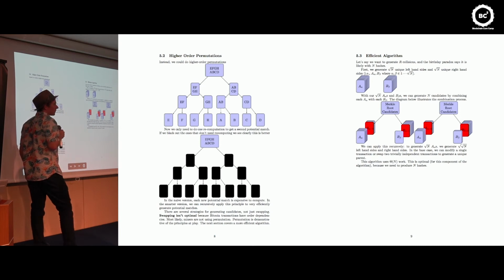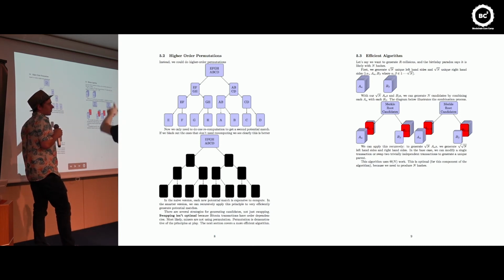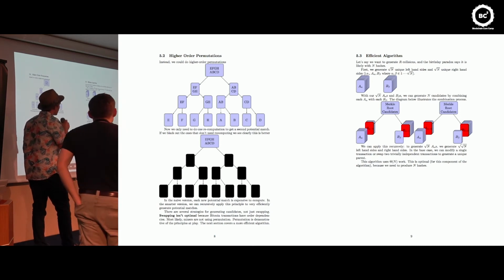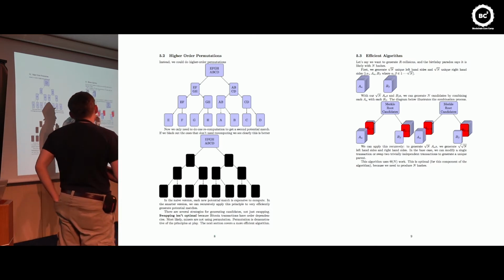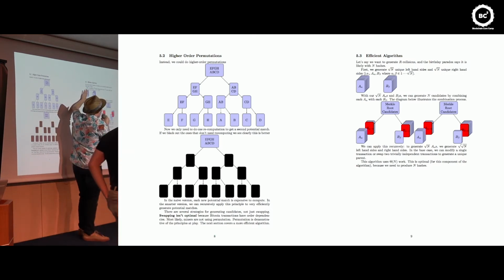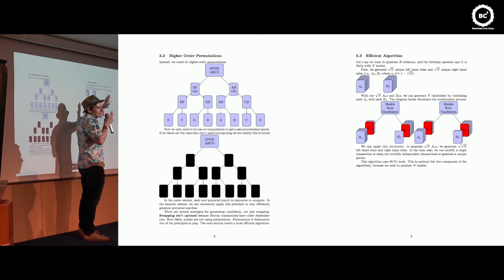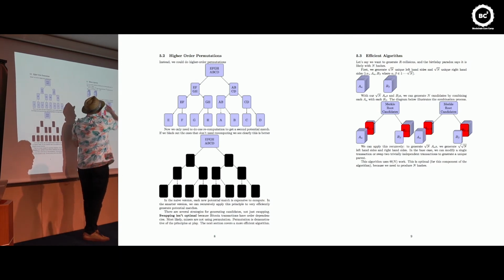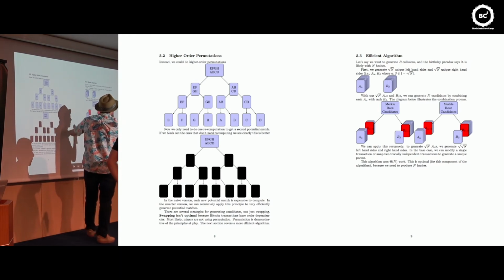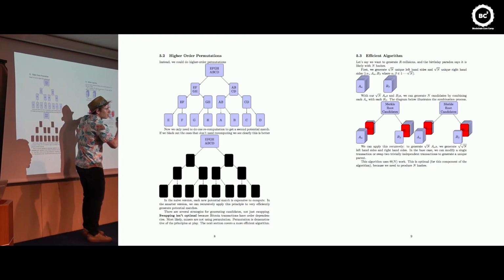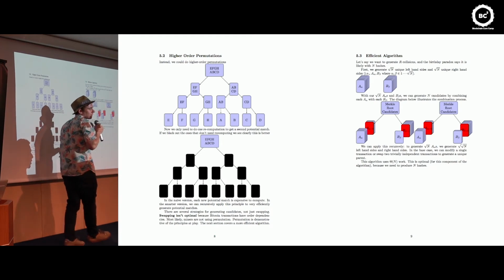So a more efficient algorithm is to make a stack of potential left-hand sides and a stack of potential right-hand sides, and then to deal them across and try all combinations.